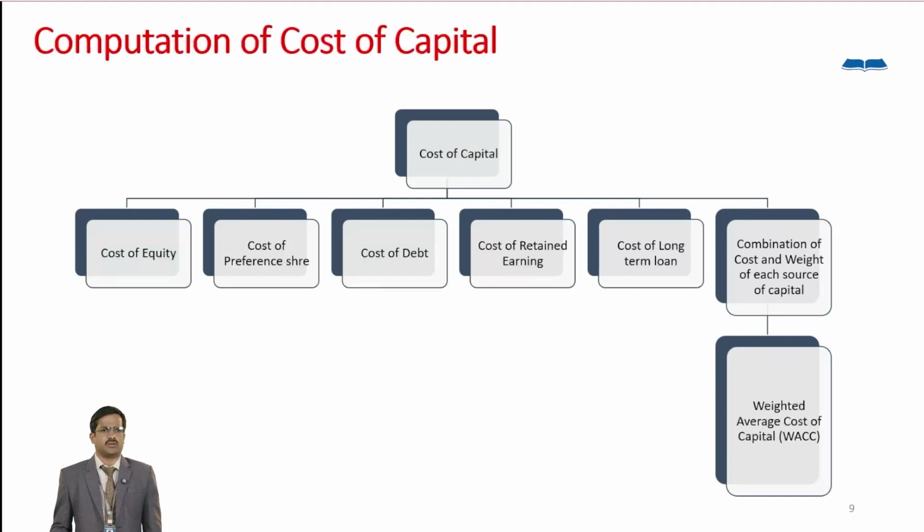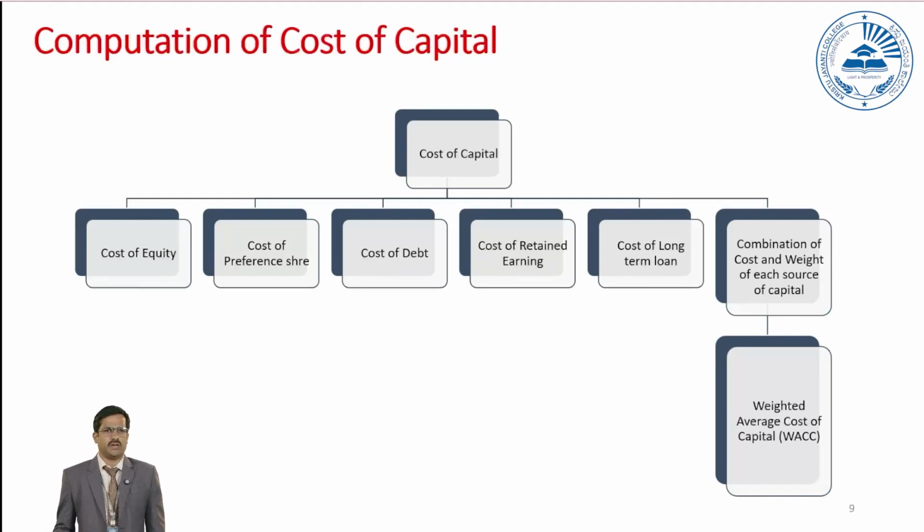Then the next one, the cost of debentures or the cost of debt. The cost of debt has two methods, one is redeemable and another one is irredeemable debentures. Here the cost for the company is that every year, whether they make profit or loss, they have to pay the interest.